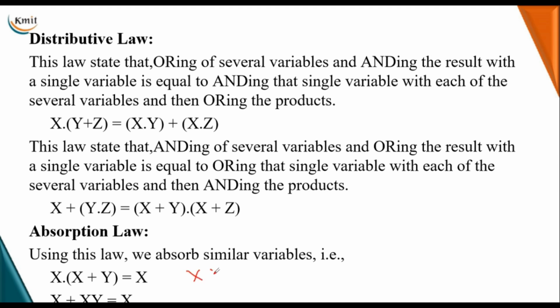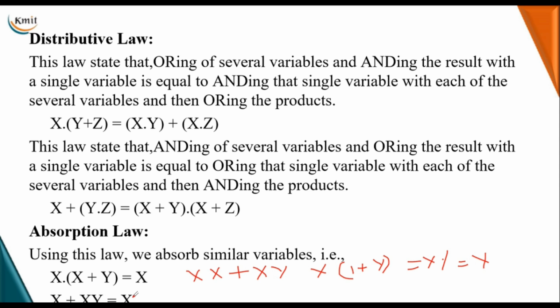Now using the distributive law, x AND x OR x AND y. From these two product terms, take x common, then it is x AND (1 OR y). As 1 OR y is equal to 1, let me replace that with 1. Hence x AND 1 becomes x only.